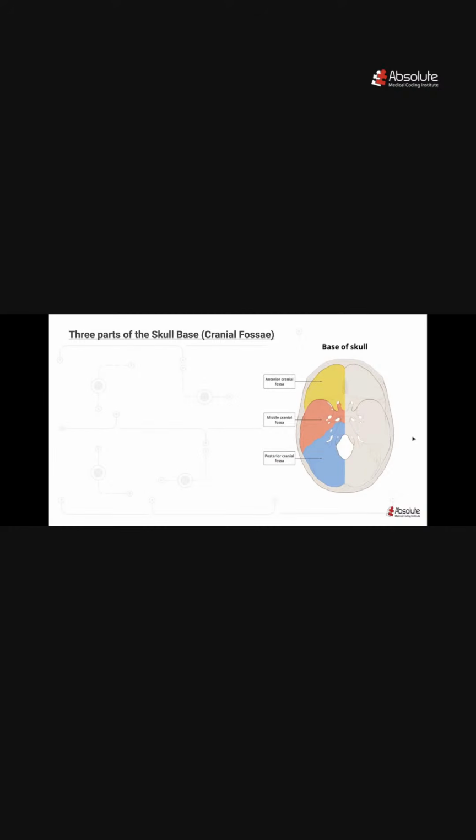So, the anterior cranial fossa, let's talk about that. The anterior cranial fossa is the front portion of the skull base, and it supports the frontal lobes and lies above the eyes and nasal cavity. So you can see the anterior cranial fossa over here. Then comes the middle cranial fossa, just below it.